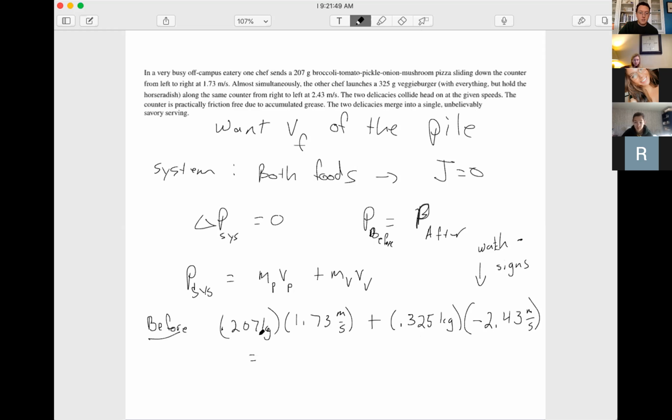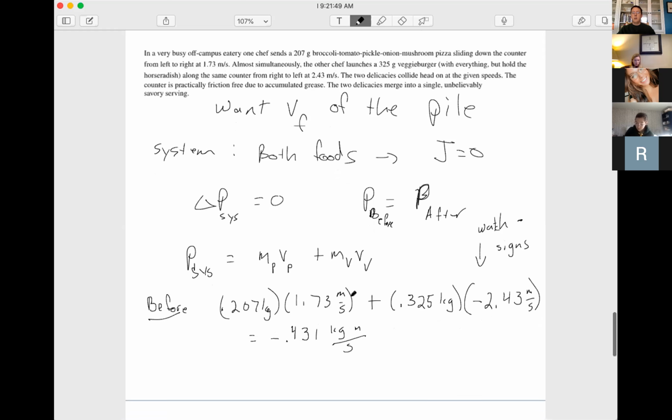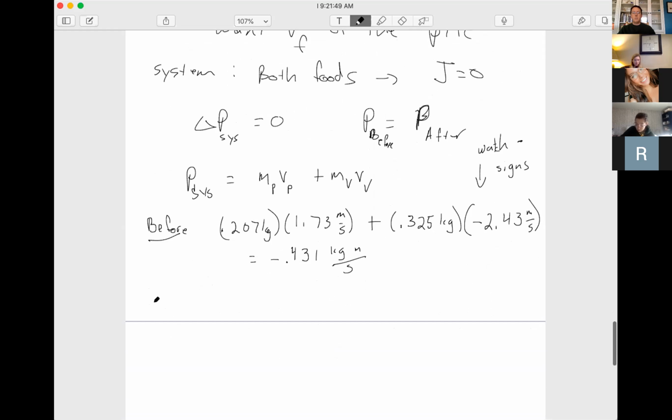And I get a total momentum of negative 0.431 kilogram meter per second. I've got to represent kilogram times a meter over a second. That's the momentum before. I need to write down a formula for the momentum after.